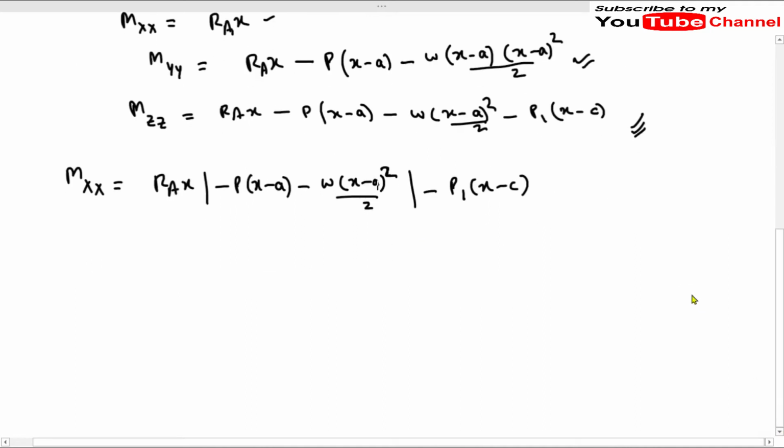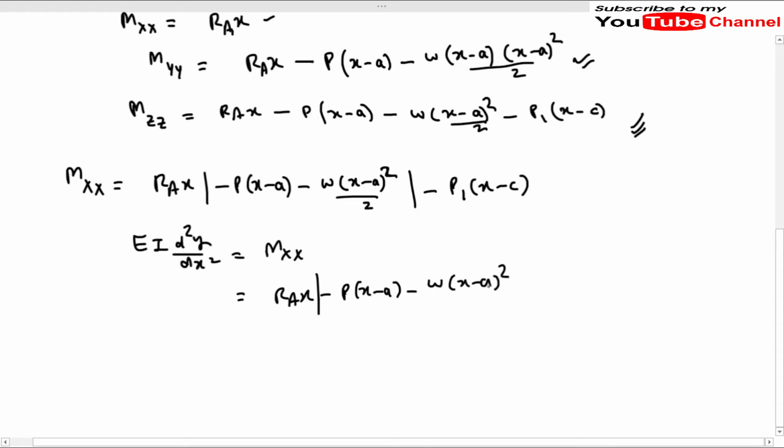Now we will write our relationship. So the relationship is EI d2y over dx square equal to Mxx, and we will put the value of Mxx here. So Rax, minus, vertical line, P(x minus a), minus w(x minus a) square by 2, vertical line again, minus P1(x minus c).